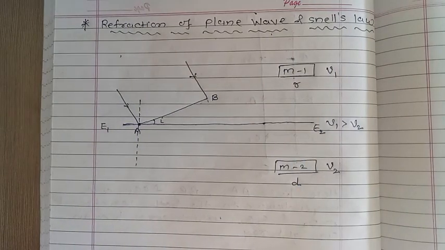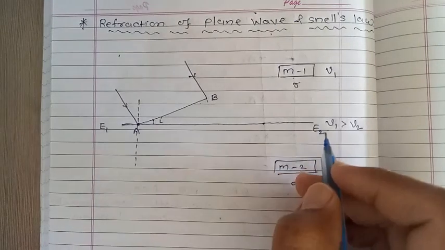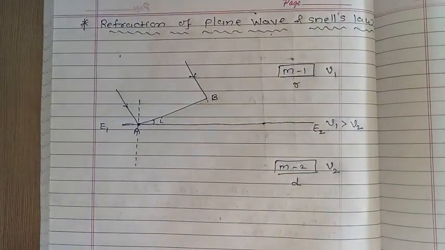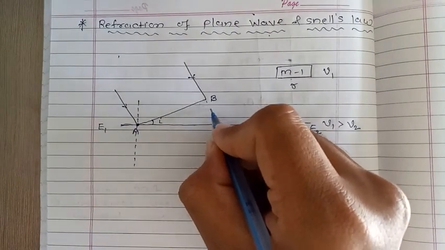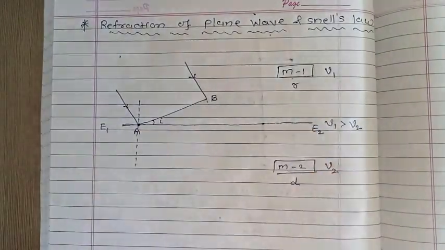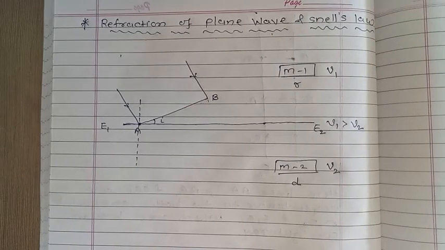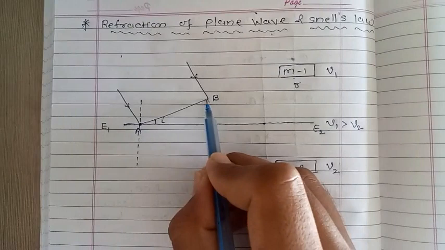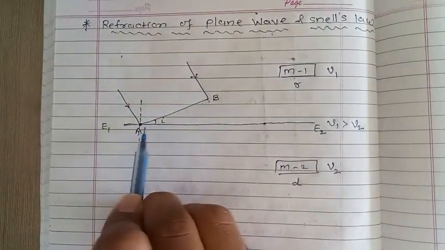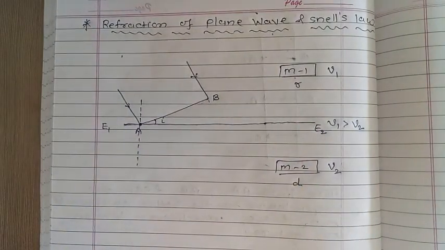So suppose we assume that tau is the time taken by the wavefront to travel from B to this surface E1 E2. That is, here we assume that the time for the particle at B to reach this surface is tau.